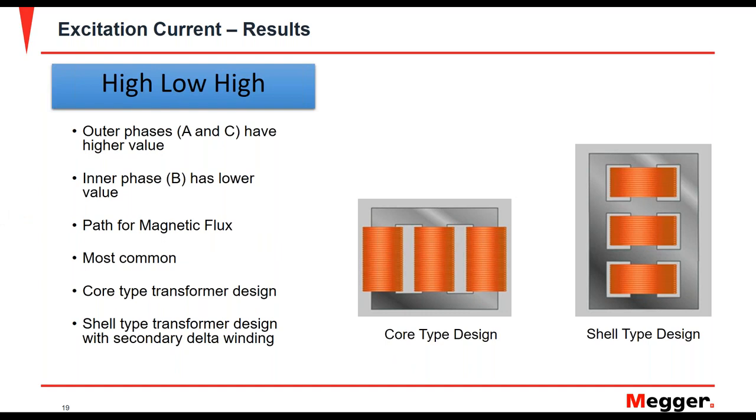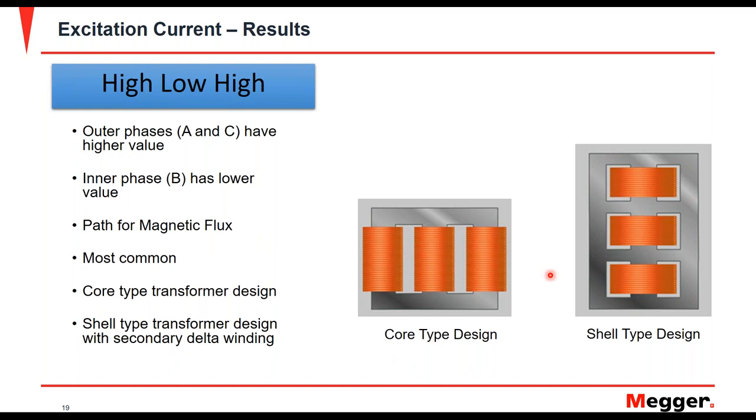And this path can also change how your excitation current results come out. This is again a very common pattern that's seen across transformers, and it is also seen across different transformer core designs. If you see on your screen, you have a core type design in the center, and to the right hand side you have a shell type design. In the core type design, the windings are engulfing the core and the windings are on the outside, whereas in the shell type, the core is engulfing the windings such that the core is on the outside.